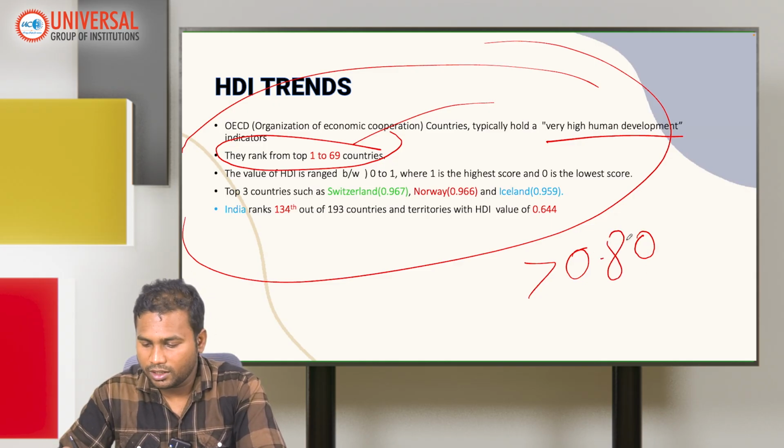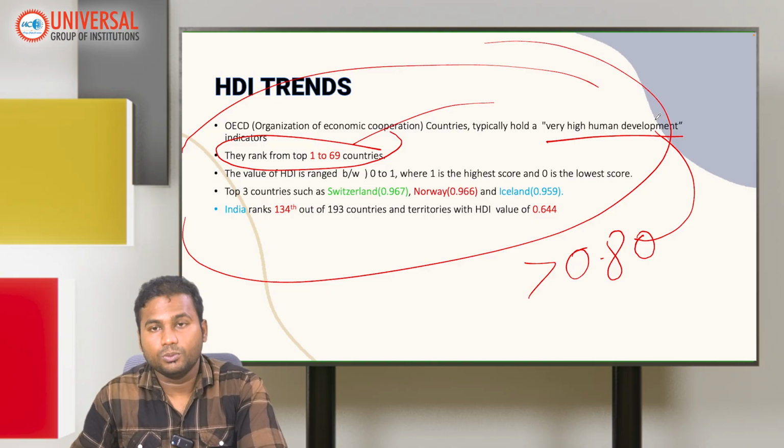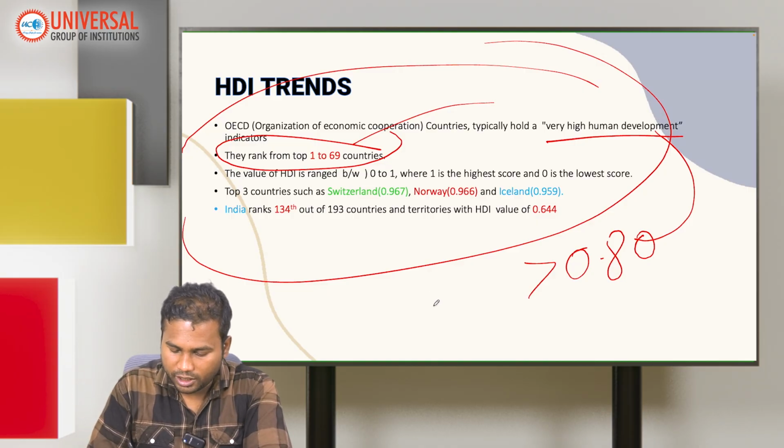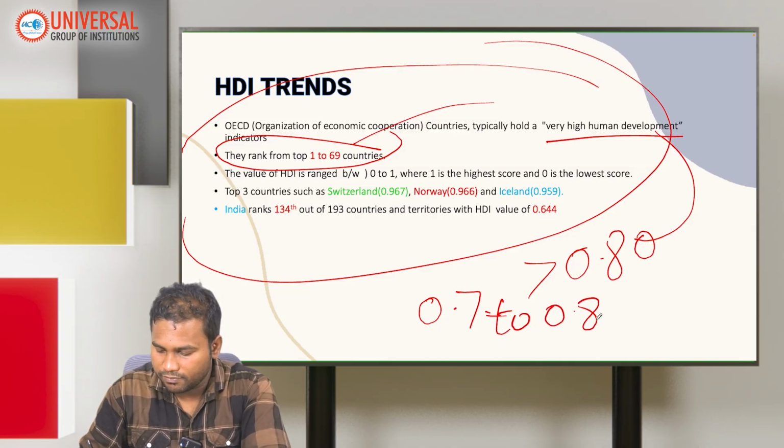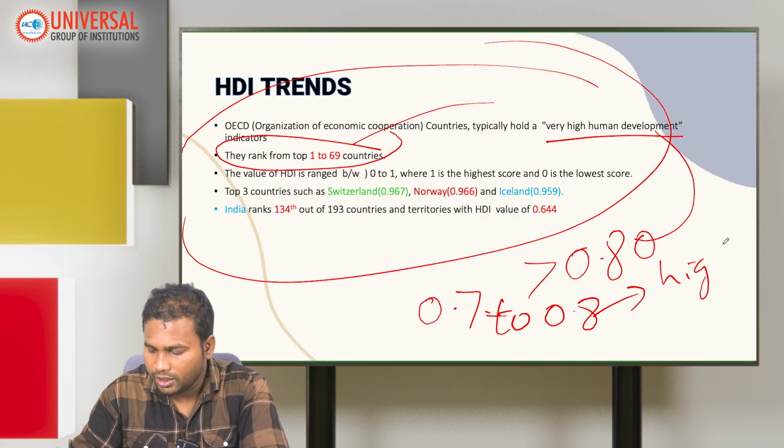A country which ranges from 0.7 to 0.8 may have high human development.